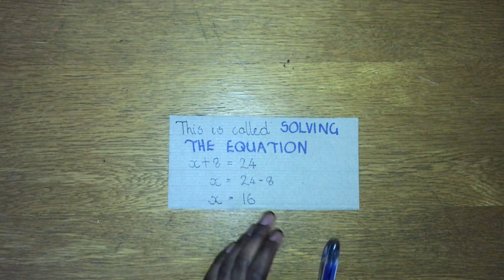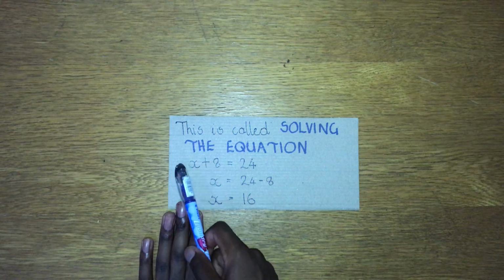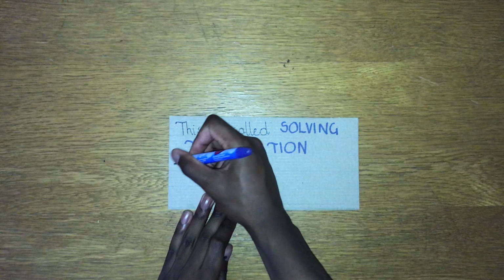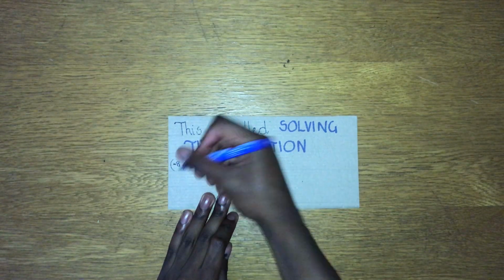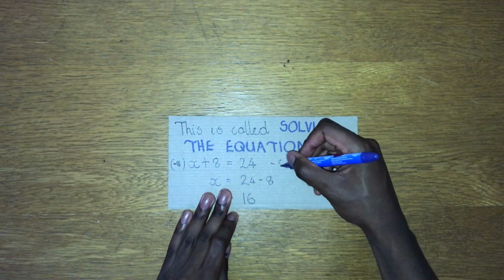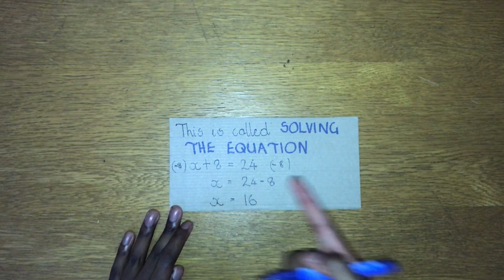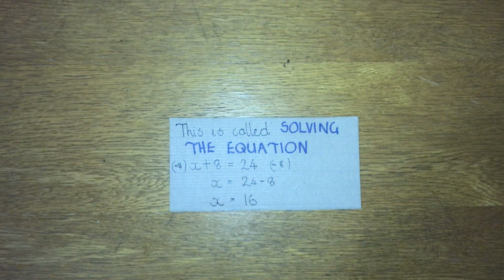If we want to remove 8 from this side of the equation so that we have the unknown values on their own side, we can simply subtract 8 from this side and 8 from that side. And that will take us to the second line here. 24 minus 8, leaving the letter x equal to 16. Hence, we have solved the equation.